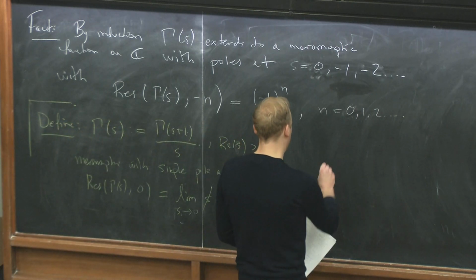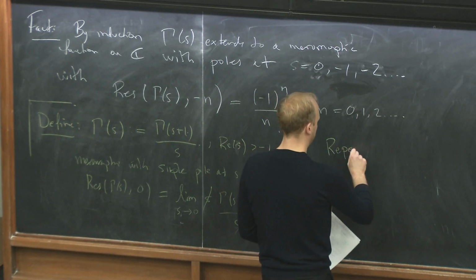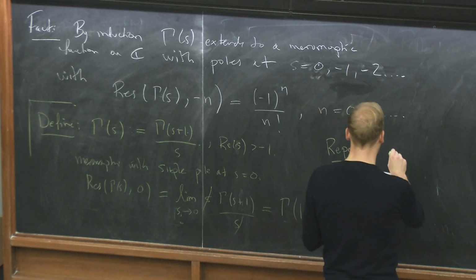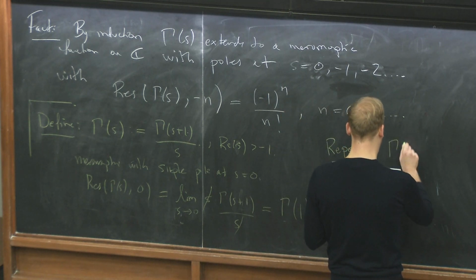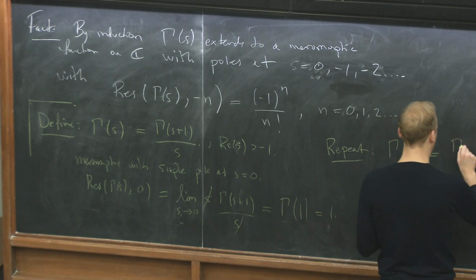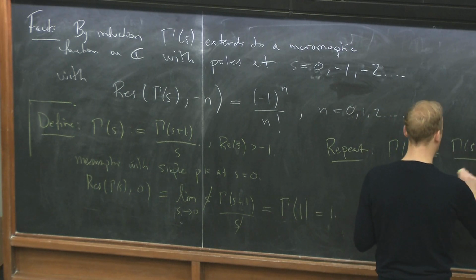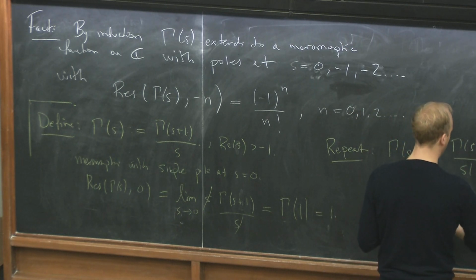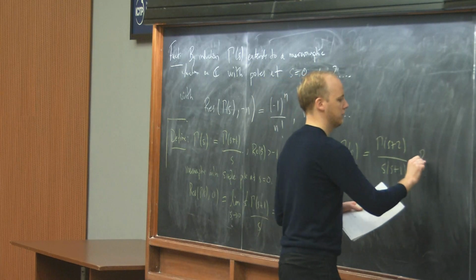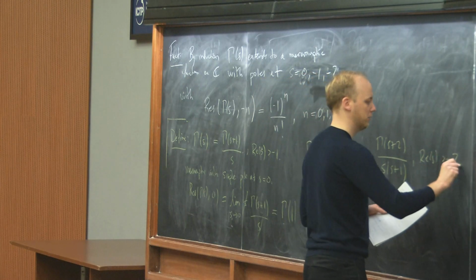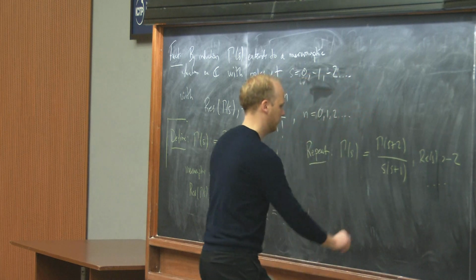And then we can repeat the process by setting gamma of s to be gamma of s plus 2 divided by s times s plus 1, defined for real part of s greater than minus 2, and so on and so forth.